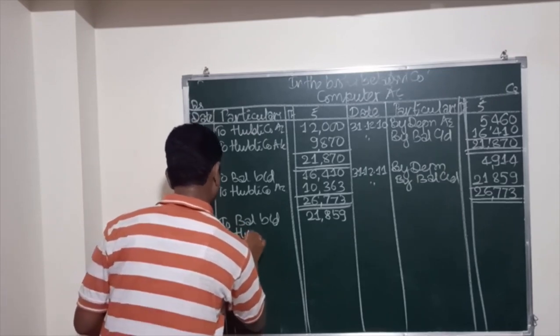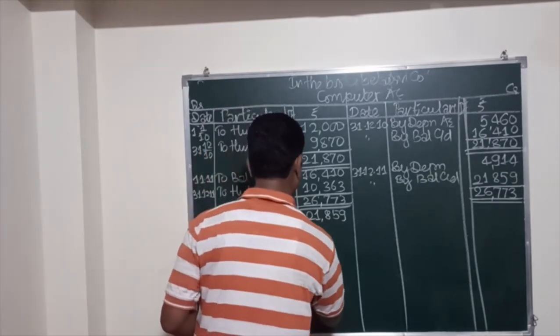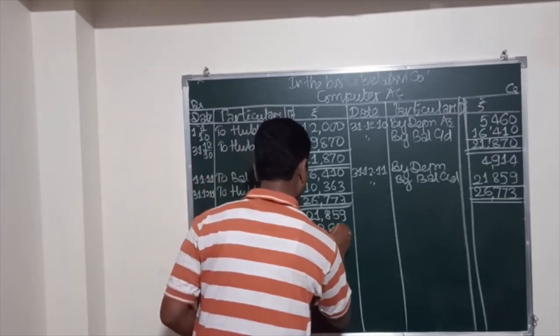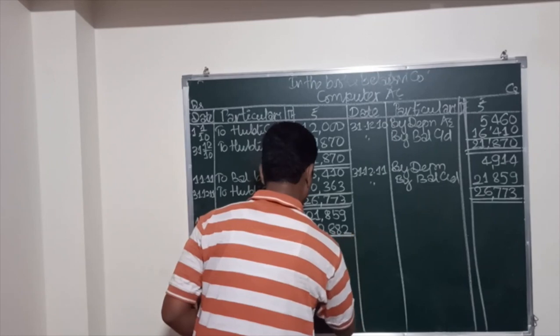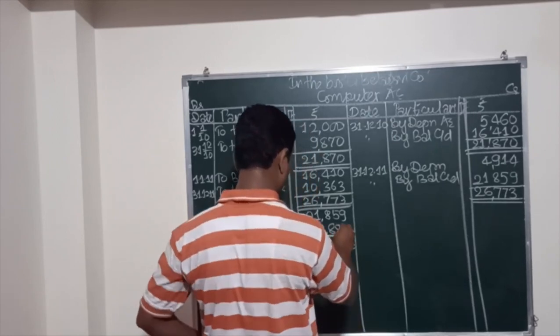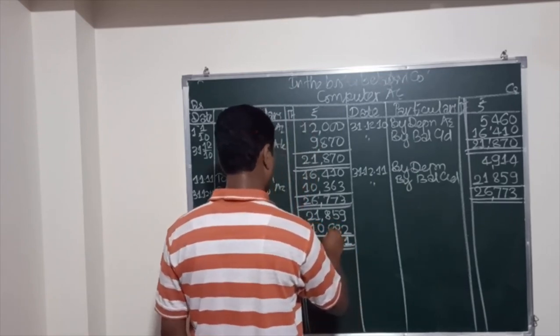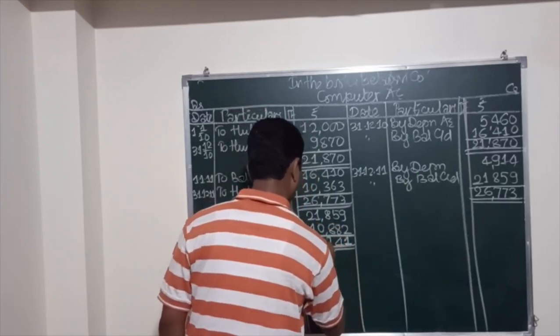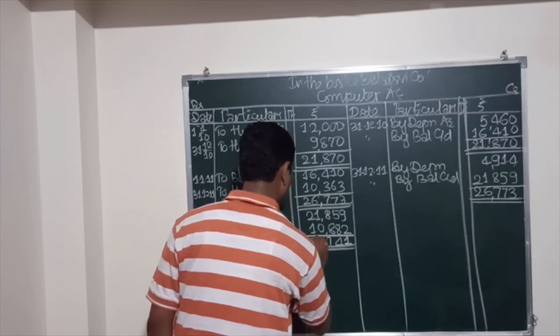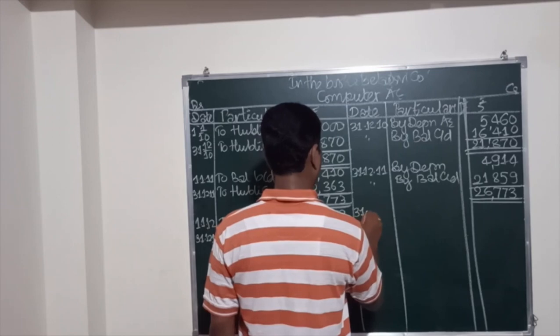So we should take only the principal part, so it is 10,882. So now let's do the totaling here. 9 plus 2 is 11, carry 1, 8 plus 9 plus 5 is 14, carry 1. So 8 plus 9, 9 plus 8 is 17, carry 1, 1 plus 1 is 2, so 32,741.